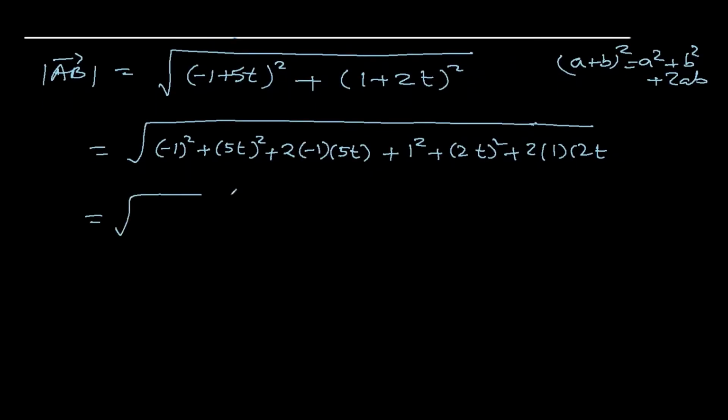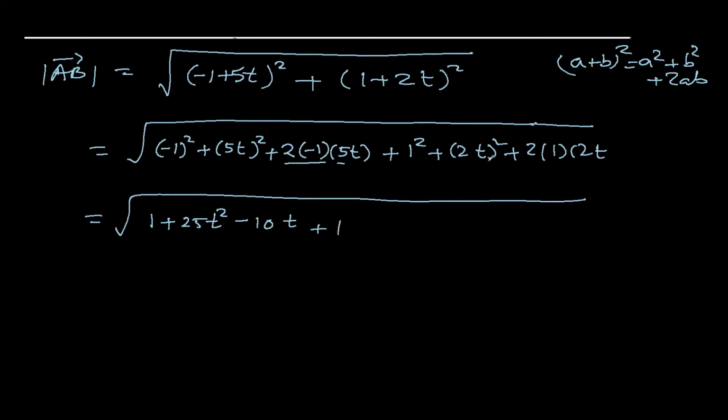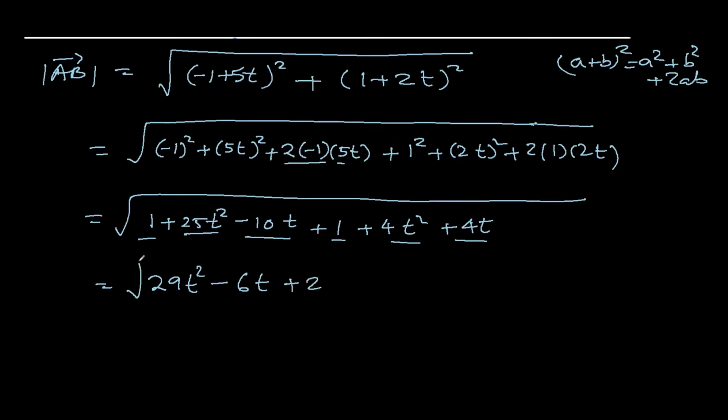Let's simplify this. (-1) squared is 1. This will be 25t squared minus 2 times 5, minus 10t, plus 1, plus 4t squared plus 4t. Can we simplify this now? 25t squared and 4t squared make 29t squared. Minus 10t plus 4t is minus 6t. 1 plus 1 is 2 inside the square root.